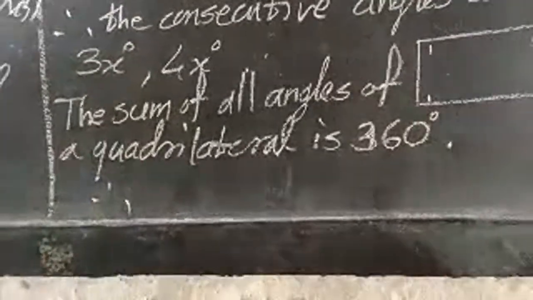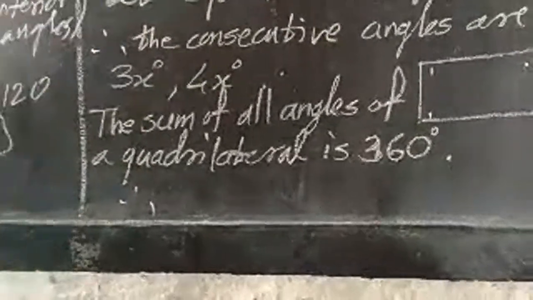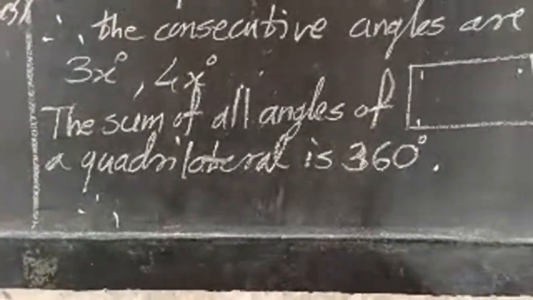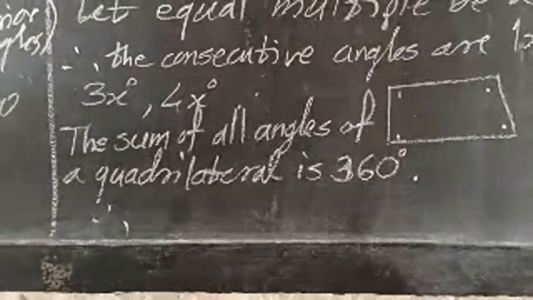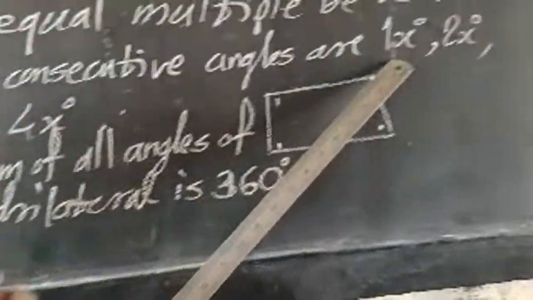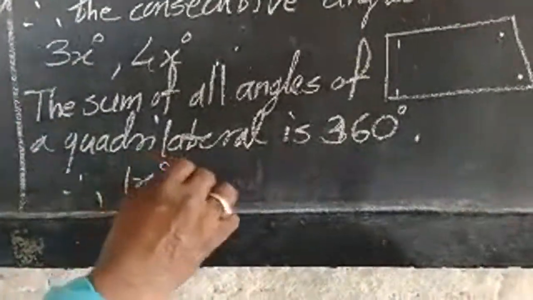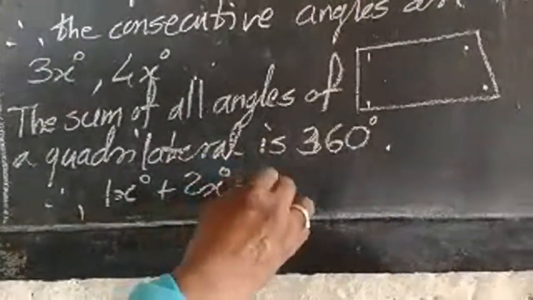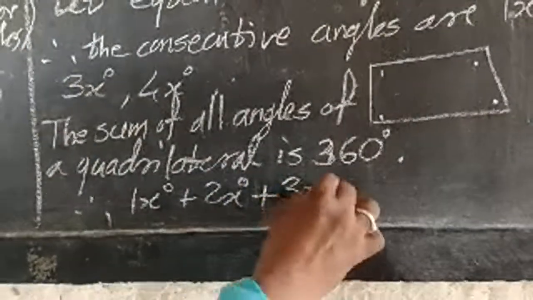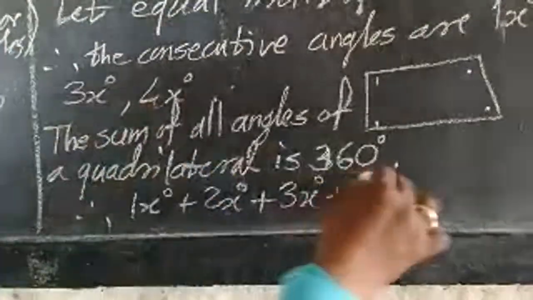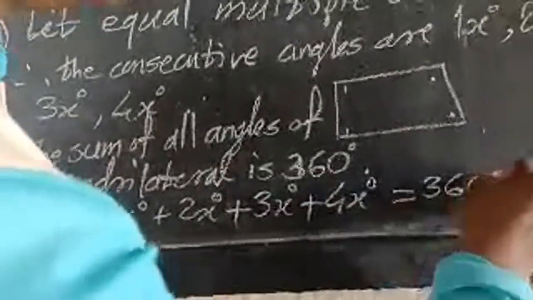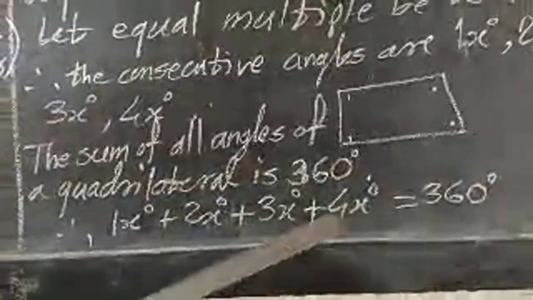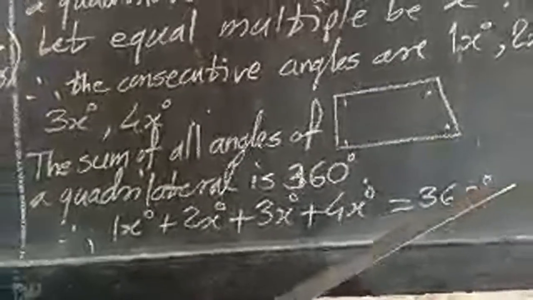Therefore, add all numbers. 1x degree plus 2x degree plus 3x degree plus 4x degree is equal to 360 degree.